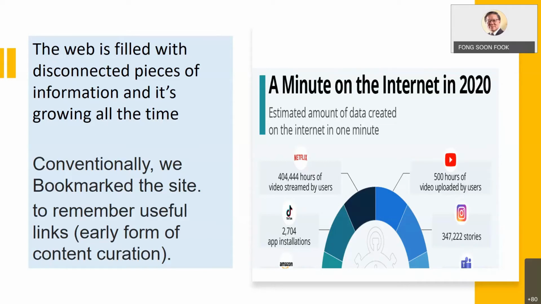That is a conventional way of content curation. So all of us have been doing content curation, but in another form. I'm going to show you something that is, hopefully, more effective. Next slide.